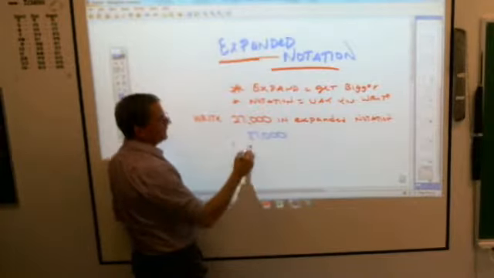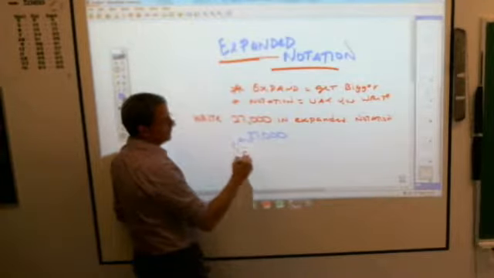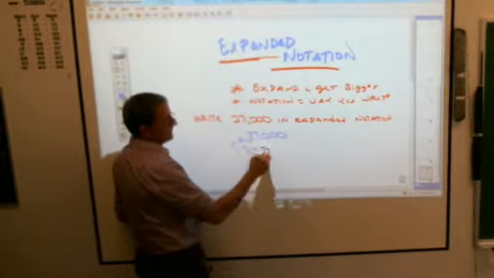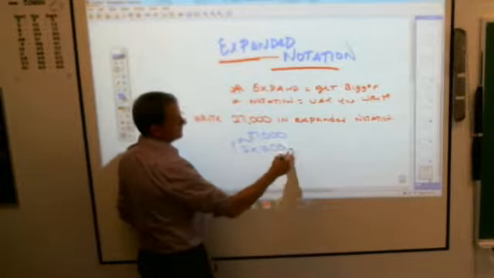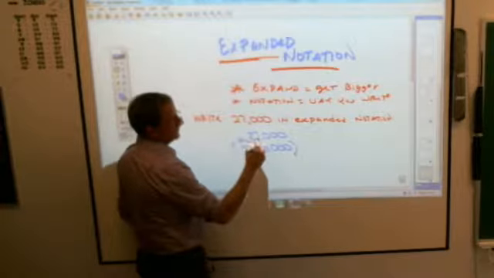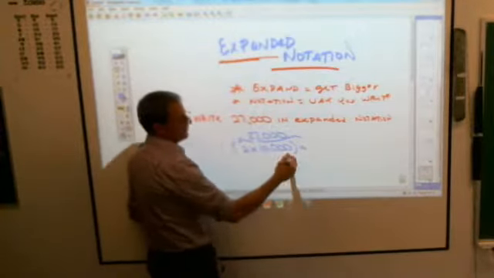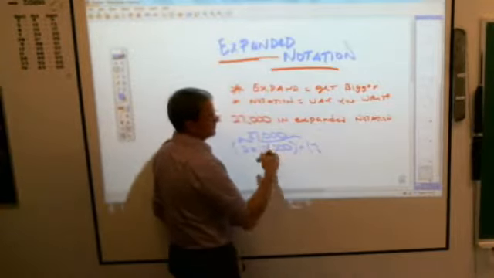So expanded notation means you take each number and break it apart for what it really means. This 2 means you have 2 times 10,000. Okay, the 7, because of the place where it is, you then add that 2 times 10,000 to the 7, which is in what place?